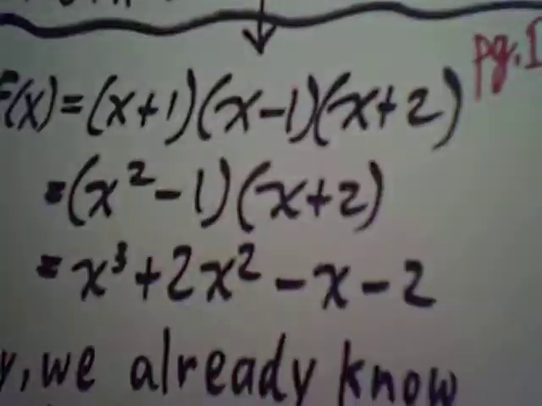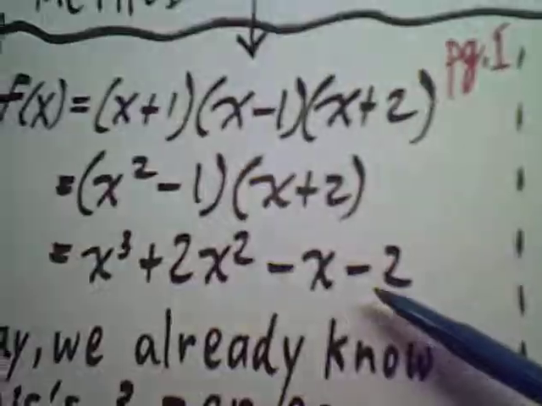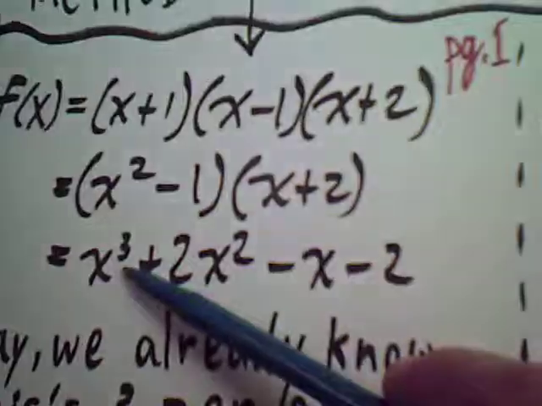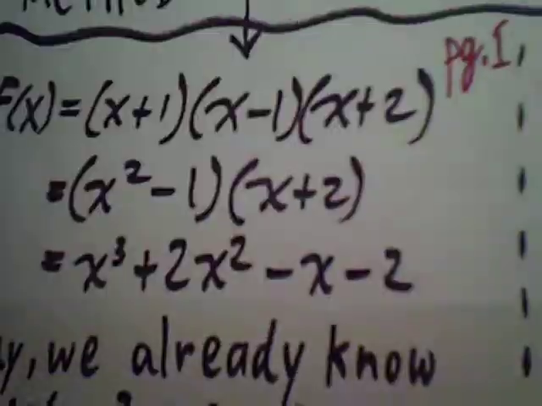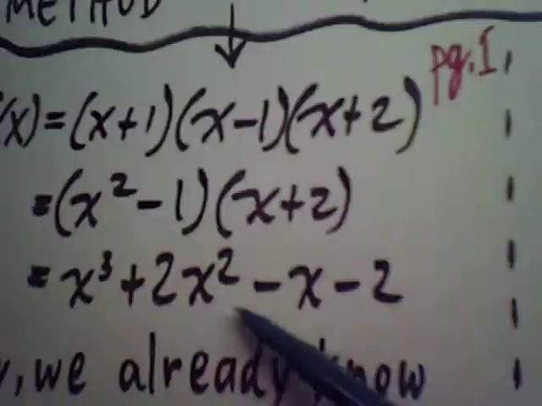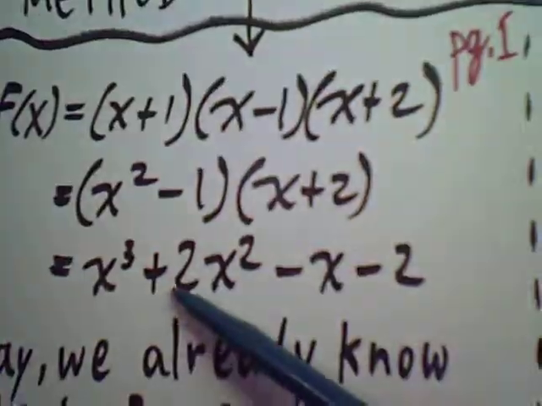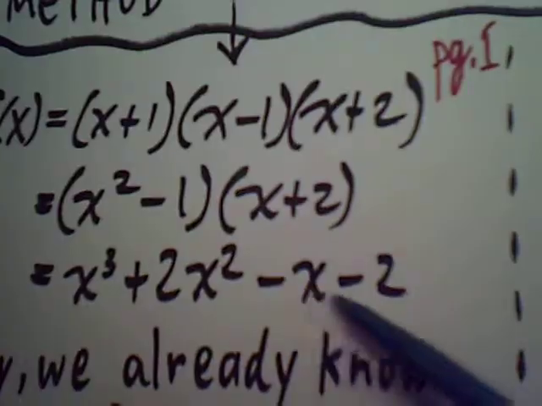I also, though, don't want to go too far away from the origin because the odds that one of the zeros is x equals 1,000, especially with an x cubed term, which would give us 1 billion when you cube it, is highly unlikely. You see the minuses here, the pluses here. If it is a positive x value, it's going to be close to the origin for these contributions to get cancelled by those ones.